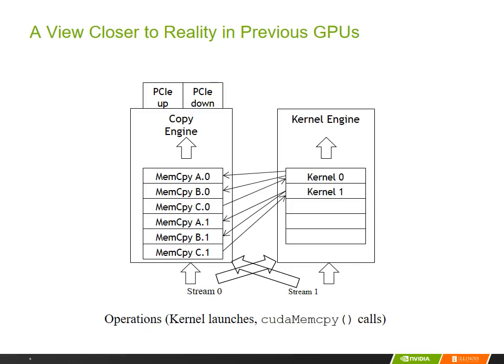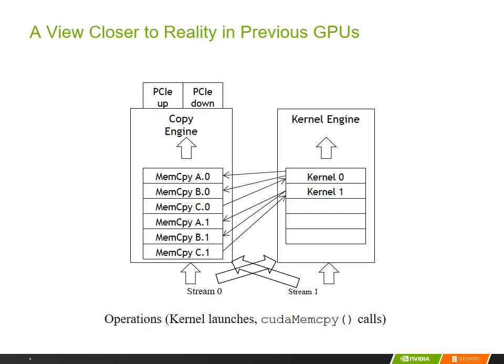So the stream0 memcpy and stream1 memcpy are actually entered into the same physical queue in front of the copy engine. In the code sequence that we had in the previous slide, the memcpy for A0, B0, and C0 will be entered into the queue before the memcpy for A1, B1, and C1. Same thing with the kernel launches 0 and 1.